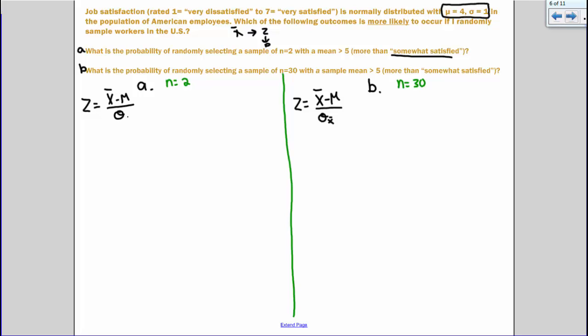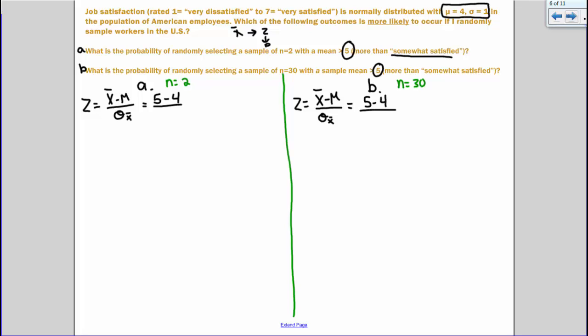Keep everything organized. All right, so my sample mean and my population mean are the same for both examples. We're still working with a sample mean of 5 minus the population mean of 4. The only difference is going to be the standard error.